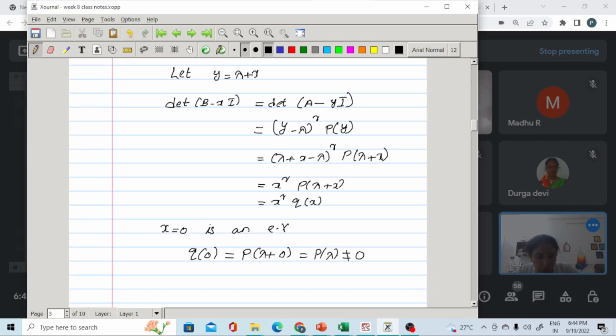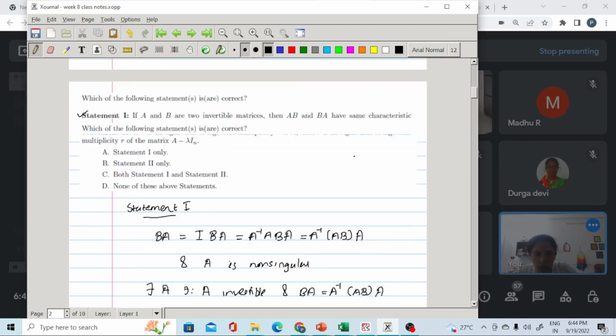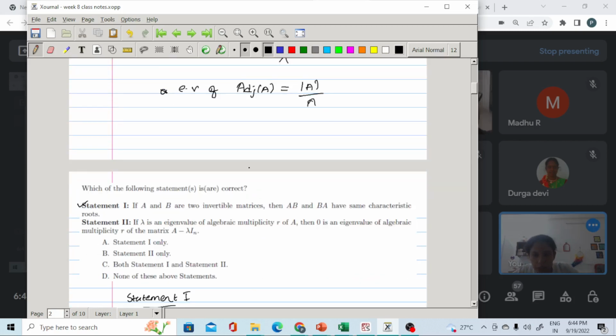So this characteristic equation is x to the power r into q of x, where 0 is not a root of q of x. So x equal to 0 is an eigenvalue with algebraic multiplicity r. So our statement is true. Both the statements are true here.